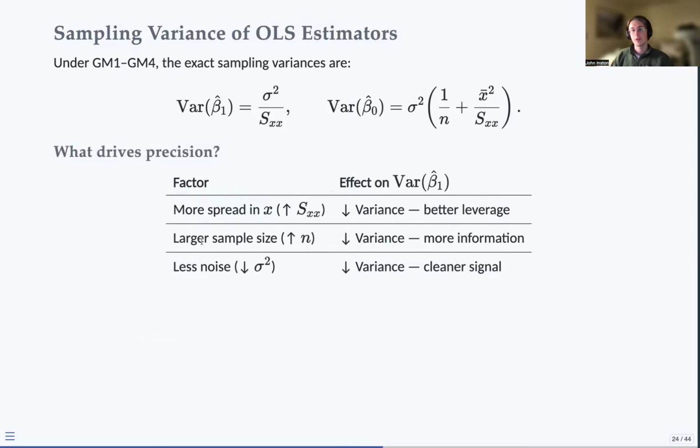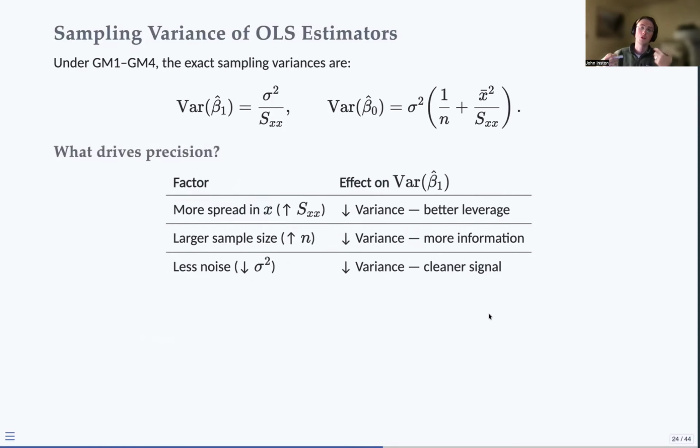Similarly, if we have a larger sample size, we can see this n appearing in the denominator. That's driving down the variance because we essentially just have more information. It's what we typically see with all expressions in statistics: if we have a larger n, then we decrease the variance. And similarly, if the true noise driving the spread of the data decreases, then so does the variance of the sampling distributions of these two parameters.